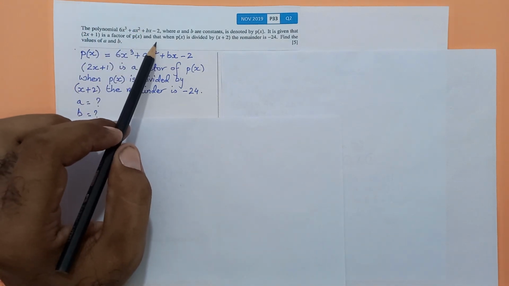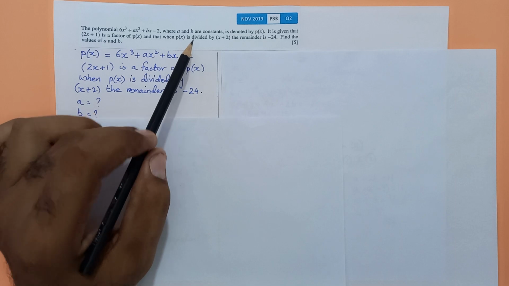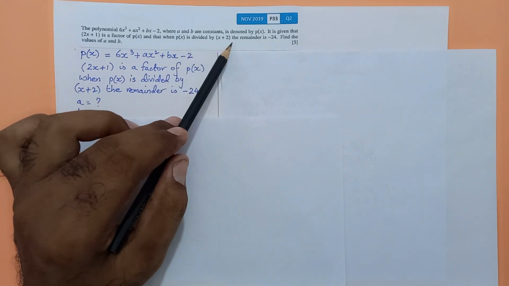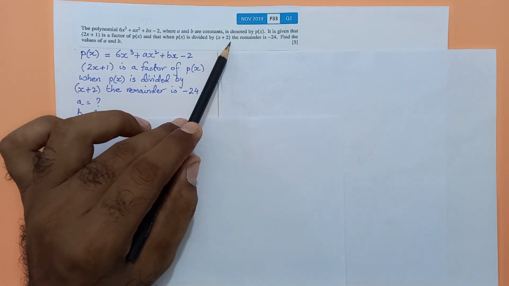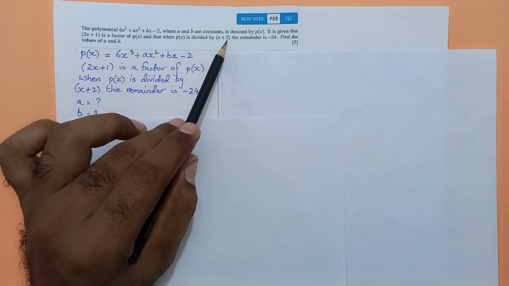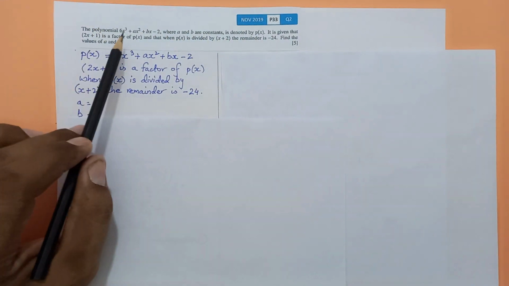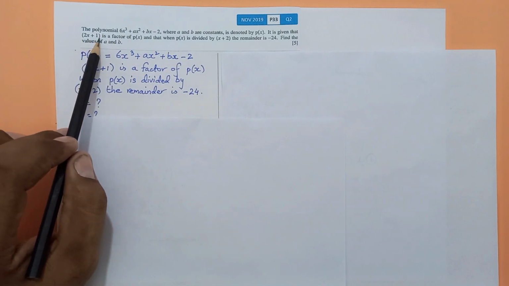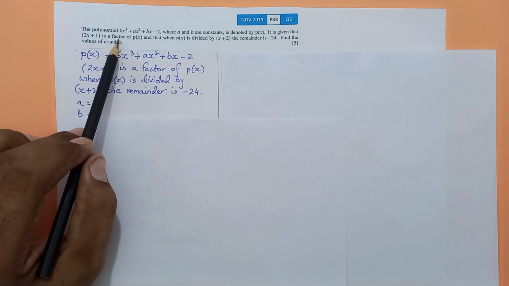And the statement says that when P(x) is divided by x plus 2, the remainder is negative 24. That means this x plus 2 is not a factor. So if we divide the given polynomial by x plus 2, the remainder would be negative 24. And if we divide the given polynomial by 2x plus 1, the remainder would be 0, because they have mentioned over here it is a factor.